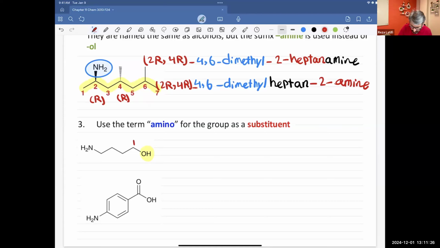This is 1, 2, 3, 4. On the 4th one, I have the substituent, and what's the name for it? I'm going to call it amino. Next, we have 4 carbons, so it will be butane. Get rid of the E and replace it by OL, and this one will be 4-aminobutanol.